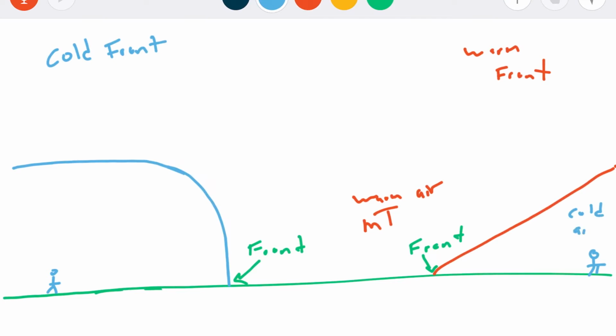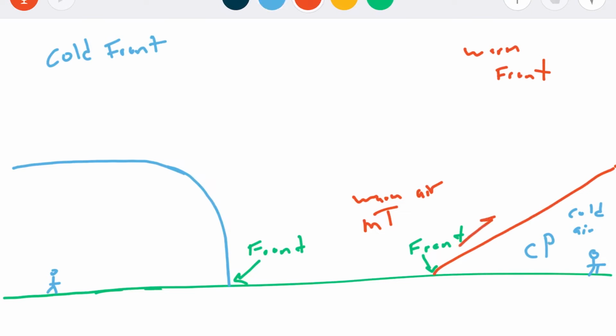So this cold air could be something like continental polar. And what's going to happen in this area is a reaction of the mixing of two different types of air. So warm air, because it has a low density, is going to slowly rise above the cold air.